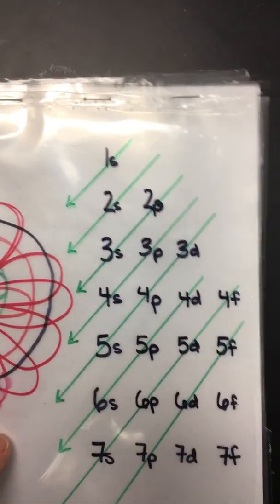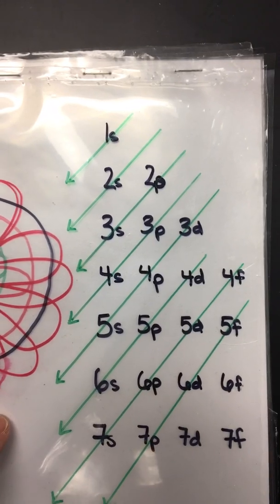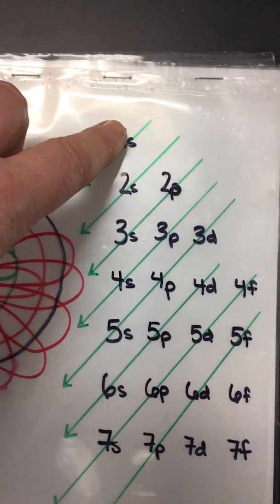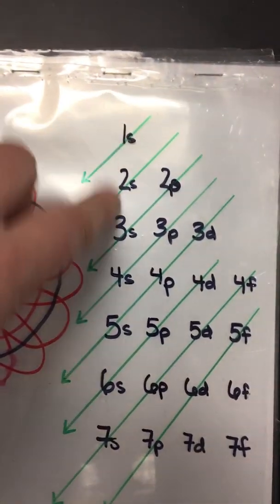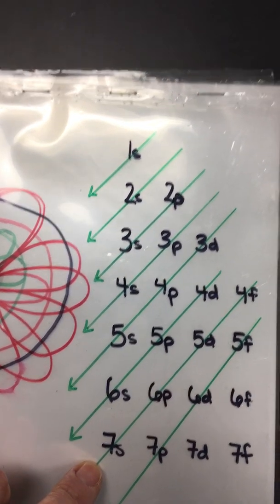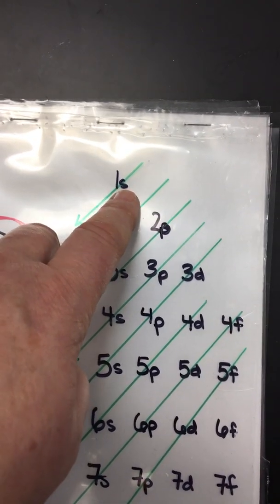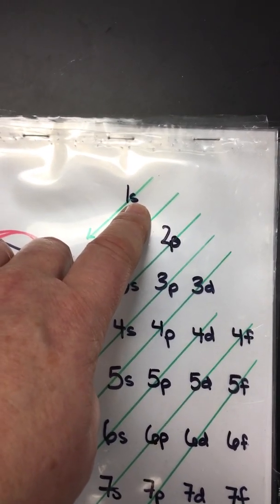So I'm going to show you a little trick to remember the order that these electron clouds fill in their electrons. Remember there are 7 rows on the periodic table, so if you just list 1 through 7, and then you list the order SPDF: the first energy level only has 1 sublevel, an S sublevel.